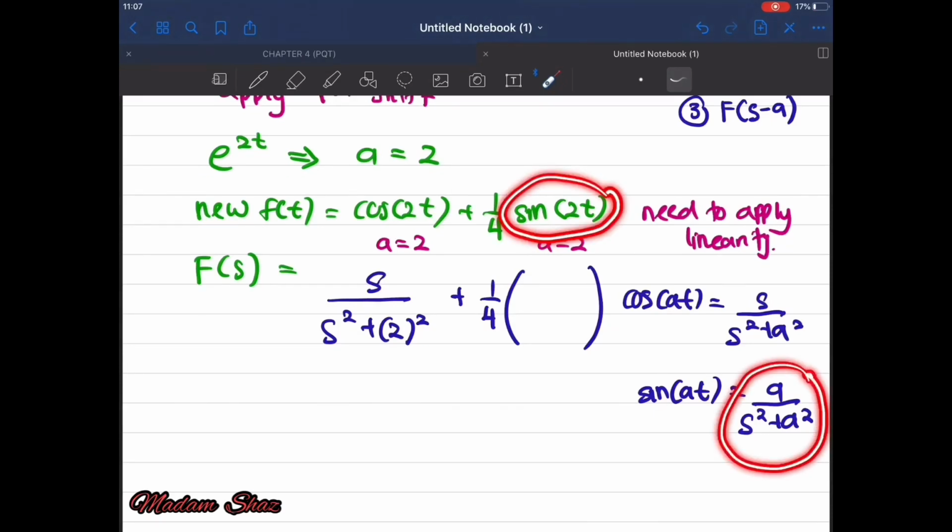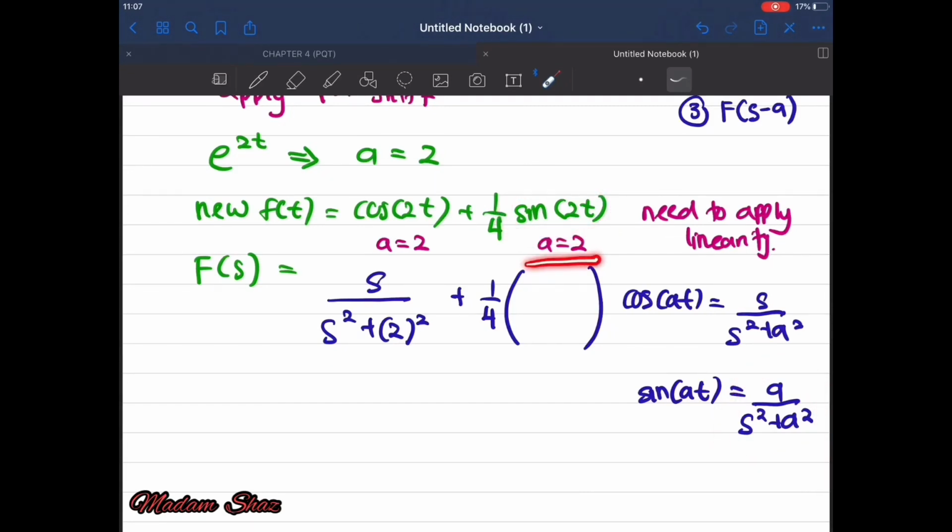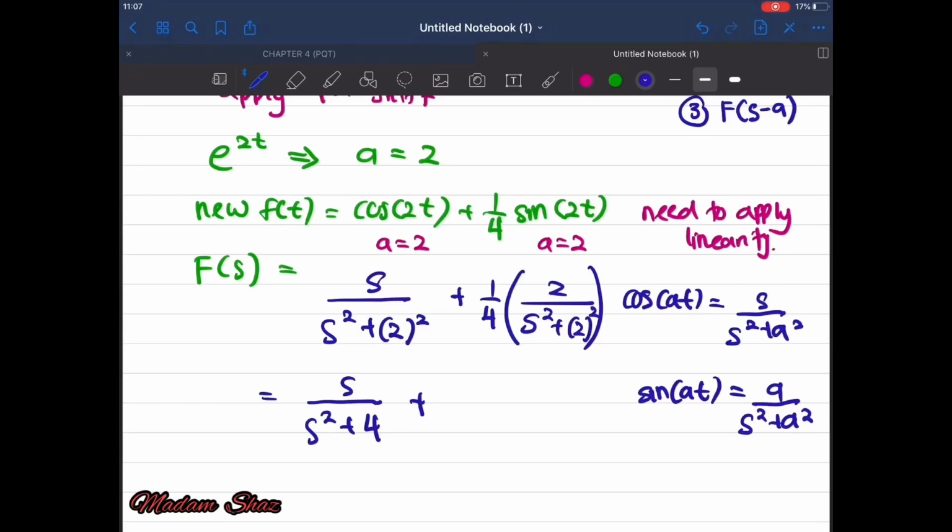Substitute the answer for the Laplace transform of sin 2t, which is a over s square plus a square. Our a is equal to 2, so substitute a become 2: 2 over s square plus 2 square. Now you have to simplify. s over s square plus 4 plus 1 over 4 multiplied inside. 1 over 4 multiplied by 2 will become 1 over 2 over s square plus 4.